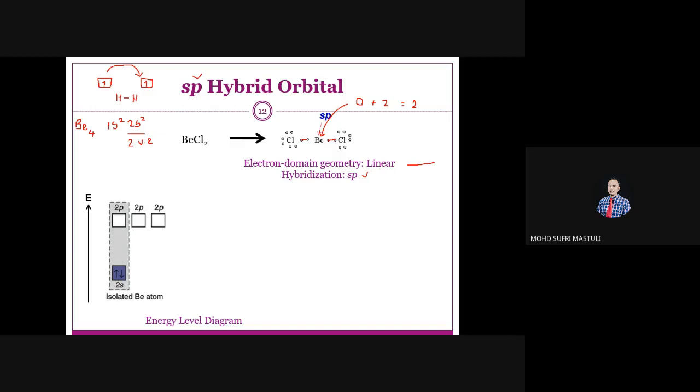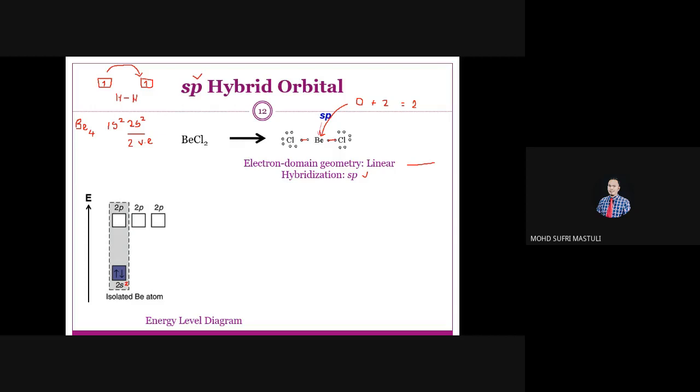The same fundamentals apply, but now we draw the energy level diagram of valence electrons nicely. We found the valence electrons for beryllium is 2s2. So this is the energy axis, and we have 2s2. You can write the 2 or ignore it, it's up to you. That is 2 electrons.